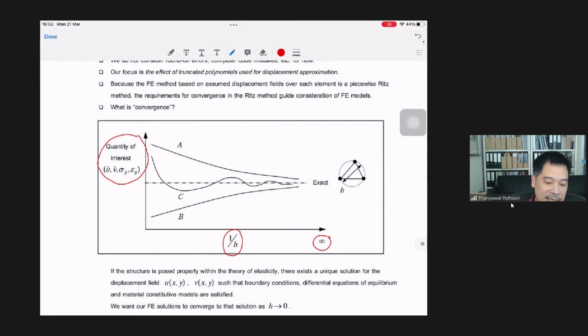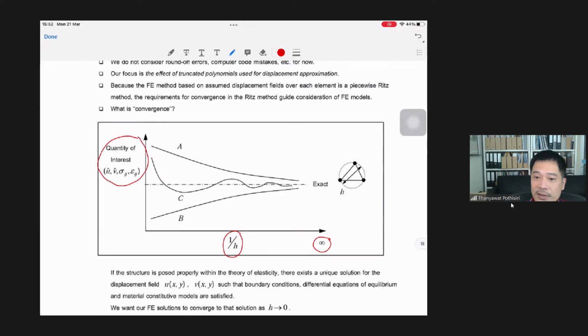So you see this kind of plot, okay, where you plot the quantity of interest, and then as you keep increasing the number of elements or reducing the size of the elements, you can observe how your quantity of interest converges to a certain solution.